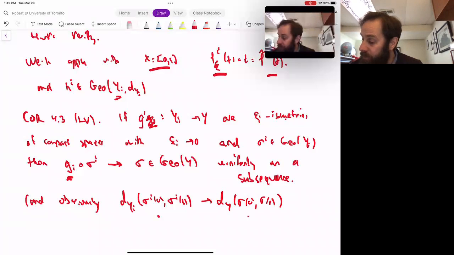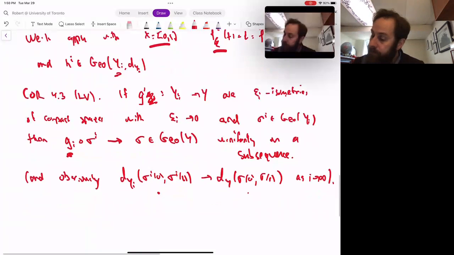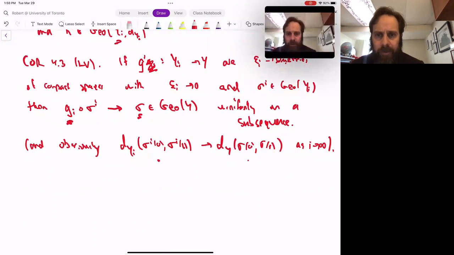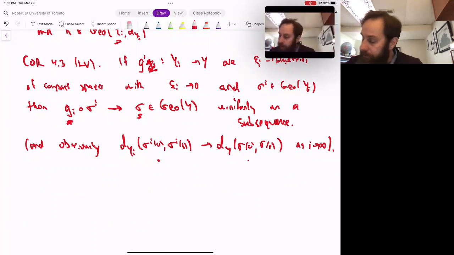So the difference between these two quantities is controlled by epsilon, which is going to 0. So the length of the limiting geodesic is the limit of the lengths of the approximating geodesics along the subsequence. Okay.